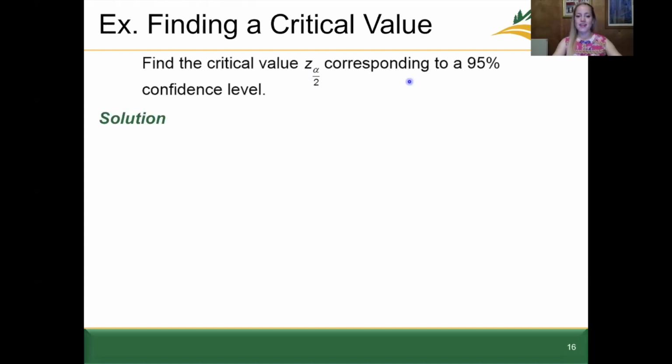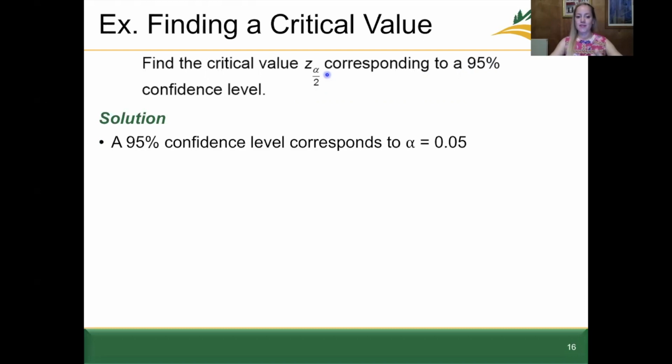So in solving this, the first thing we should do is connect this 95% confidence level to our corresponding alpha and then go from there. So a 95% confidence level, if we take that out of a percentage, that's 0.95. 1 minus 0.95 is equal to an alpha value of 0.05.